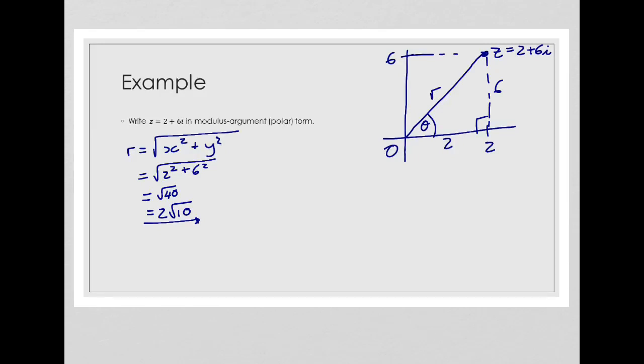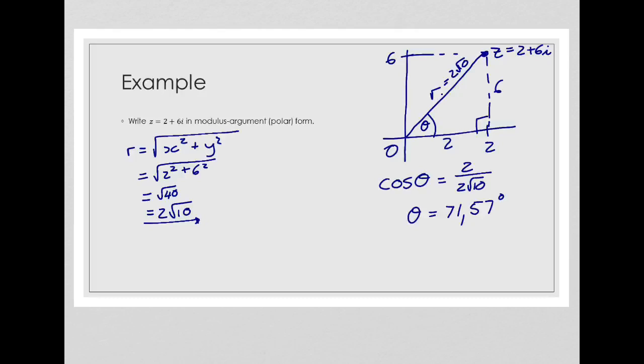In order to do that, we can choose any ratio now. We already have the value of r, which is 2 square root 10. So because we have all 3 sides of the triangle, you can choose any one of the 3 ratios. I'm going to choose cos, and I know cos is x over r, so it's 2 over 2 square root 10. And from this, I get theta equal to 71.57 degrees.